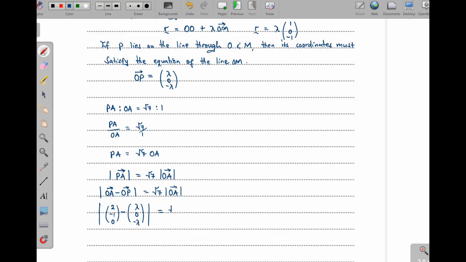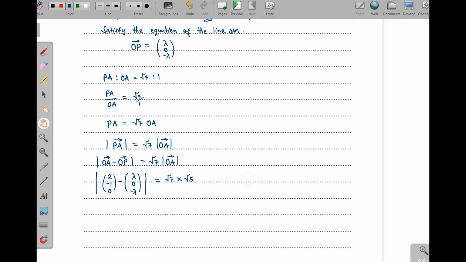Then this one will be equal to the root of 7 times the modulus of, but do you remember that the modulus of this OA was root of 5? We calculated before. Then we can proceed and say that this one can be the modulus of 2 minus lambda, then negative 1 in the middle here, and then lambda here. Then this one will be equal to root of 7 times root of 5.